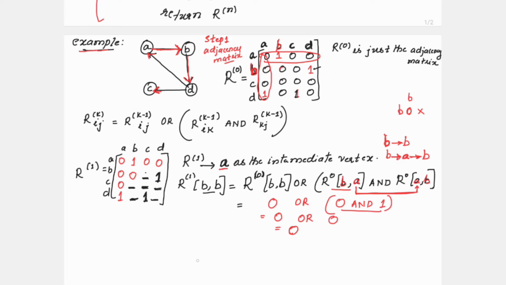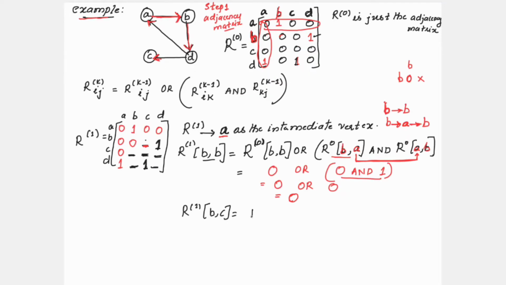Next we need to find R1 B comma C. R1 B comma C, check in the previous matrix R0 B comma C, what is the value? R0 B comma A, intermediate vertex is A, logical ANDed with R0 A comma C. In R0, value for B comma C is 0.